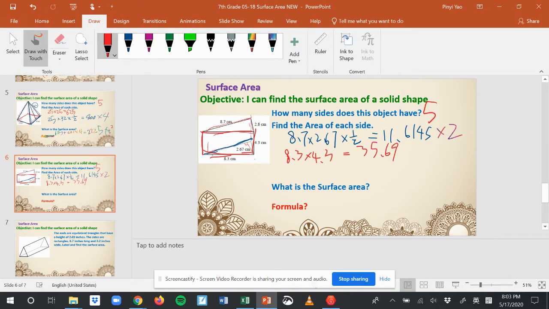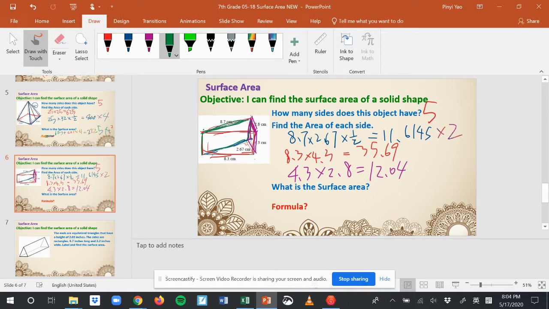And then we have the side on the right, which is right here. That's the side on the right, 4.3 times 2.8. And that would give us 12.04.